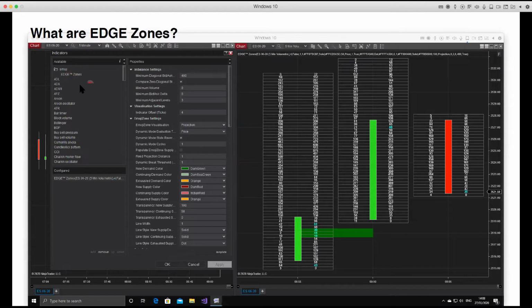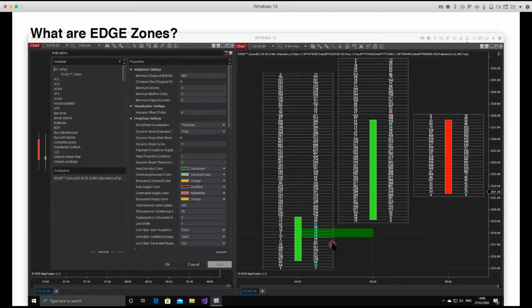What I've got here in the Edge Zones indicator is I've said, tell me if we have got 400% diagonal bid-ask imbalance, in other words, 4 times as much buying or selling on the dominant side, and I want to know about it if we have got at least 3 price levels adjacent to each other. So now the computer is doing the pattern recognition of looking for this particular pattern within the footprint.